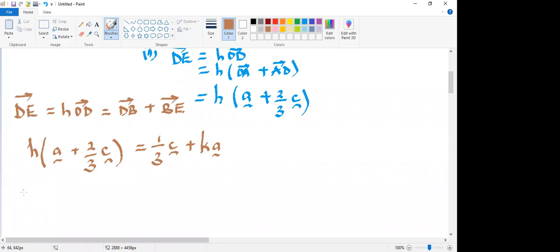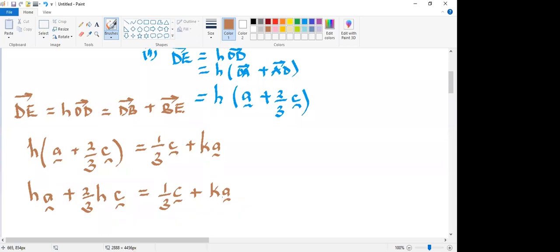We'll have H vector A plus 2/3 H vector C. And this is the same as a third vector C plus K vector A.